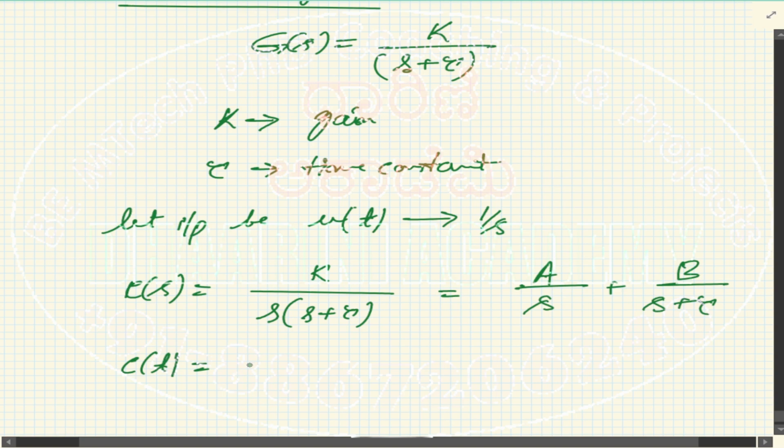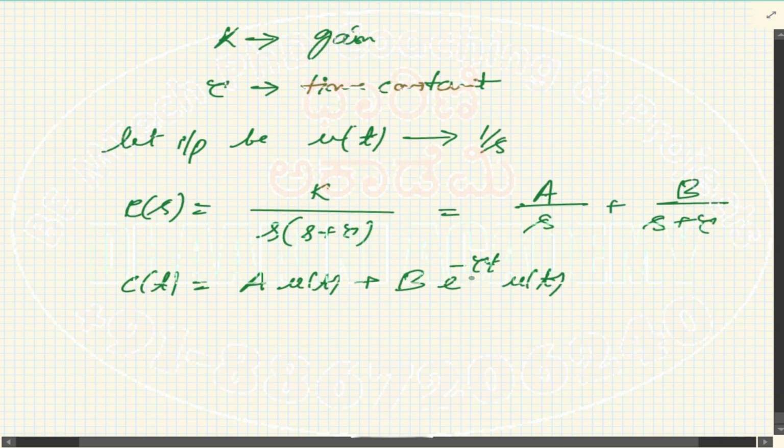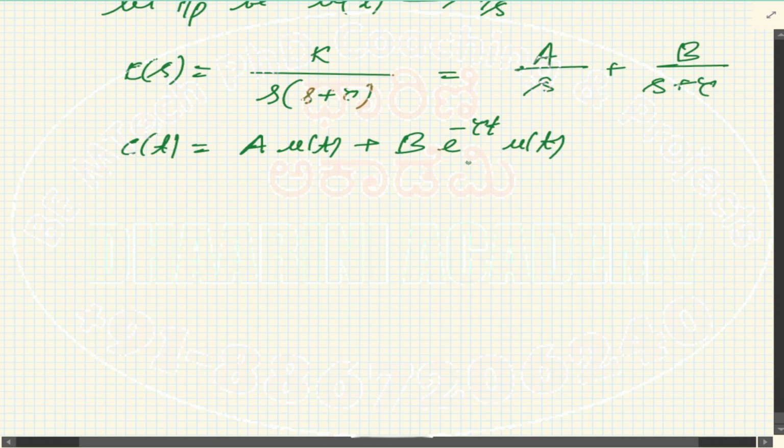This is equal to a into u of t plus b into e to the minus tau t into u of t. So you can see that there is a time constant. This minus tau is the rate at which your transient will reduce. So this is the transient. The first term, a into u of t, is the steady state, as per the definitions we just discussed.